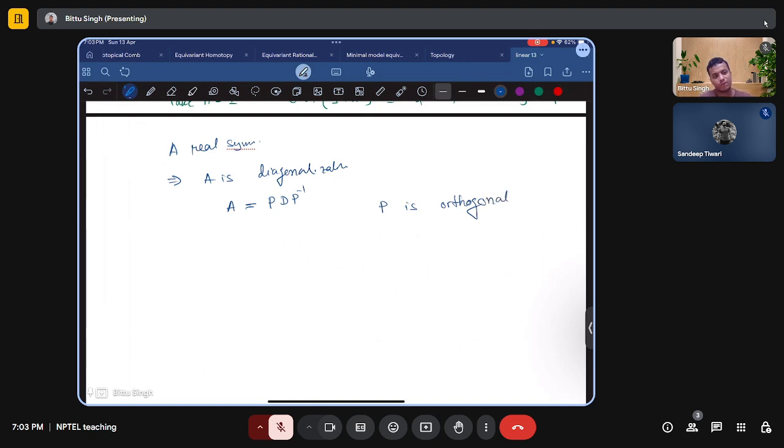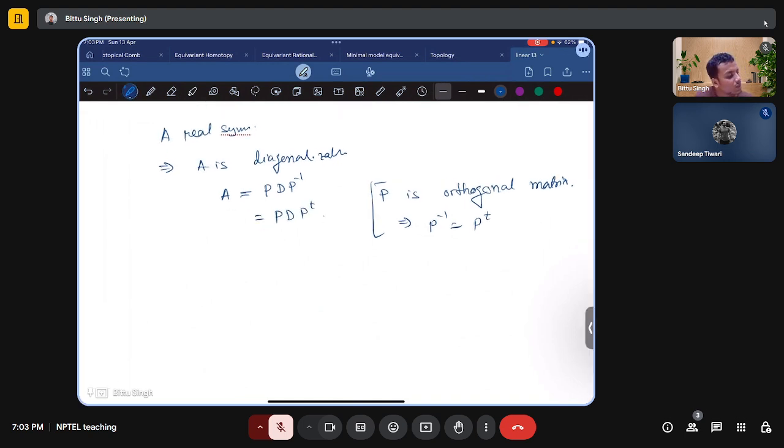If you form a matrix with those eigenvectors as columns, it will be an orthogonal matrix, which implies P inverse is P transpose. So we can write this as PDP transpose.